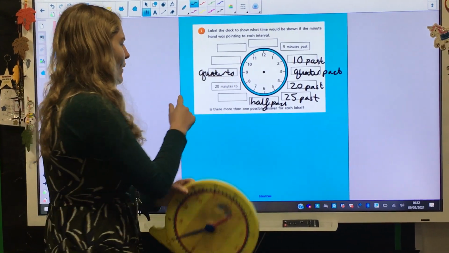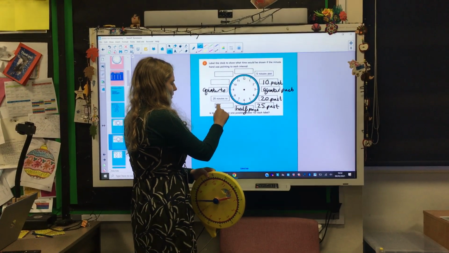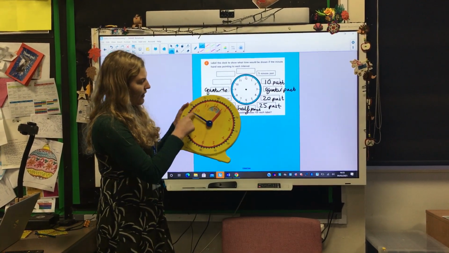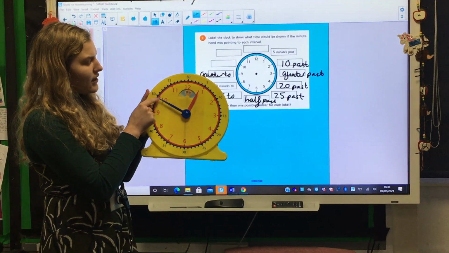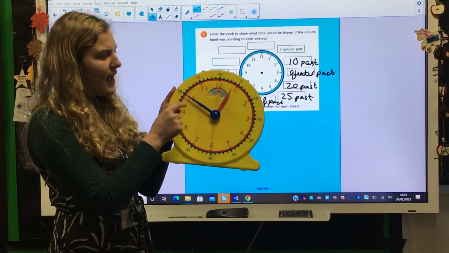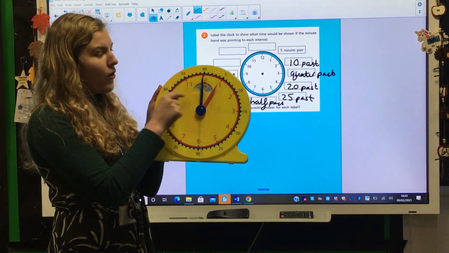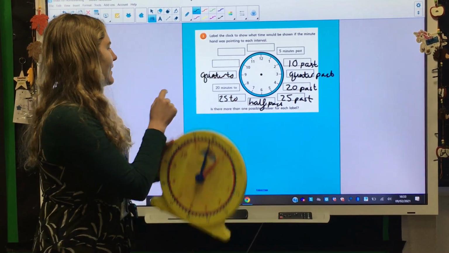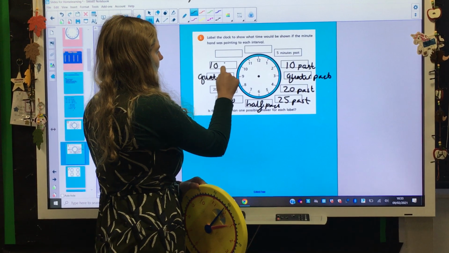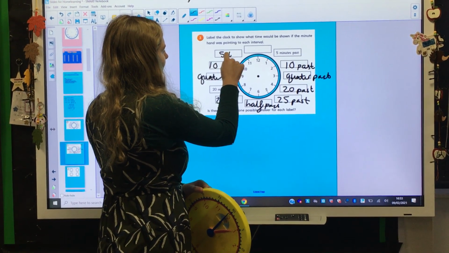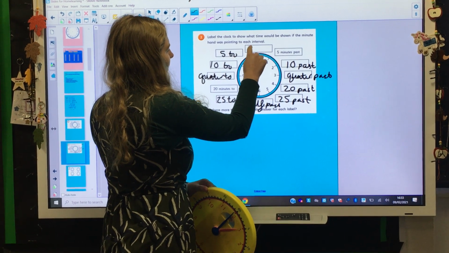So we would say 25 to. And then again, if our big hand is over here on the 10, then it is 5, 10 minutes before 1. So that's going to be 10 to. Then we've got 5 to. And then this one is going to be on the hour.